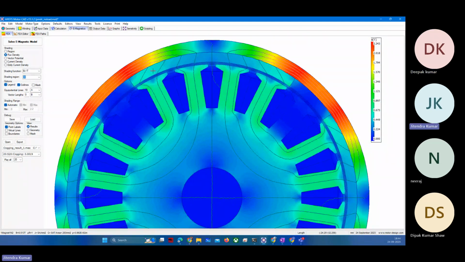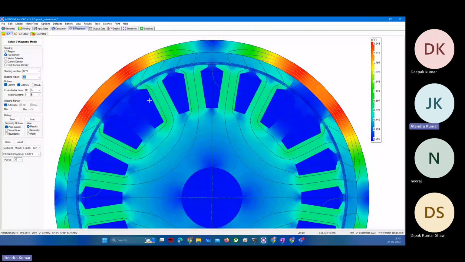In this model, just the permanent magnet field flux is available. We haven't provided any armature MMF, armature current or supply till now. So this is with only the permanent magnet, only field coils.